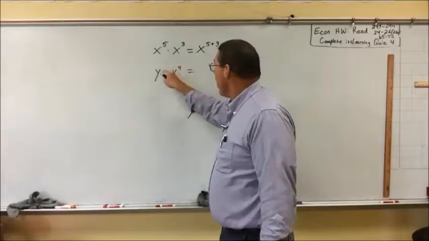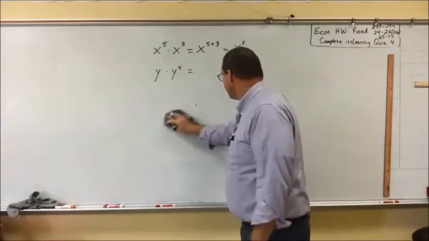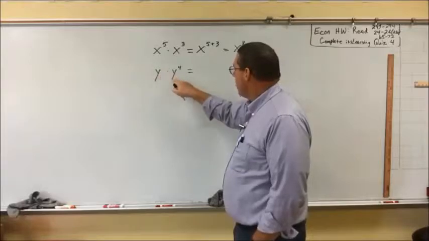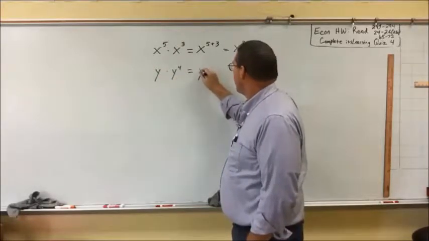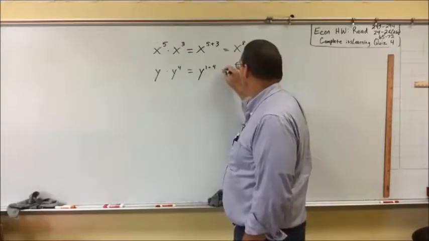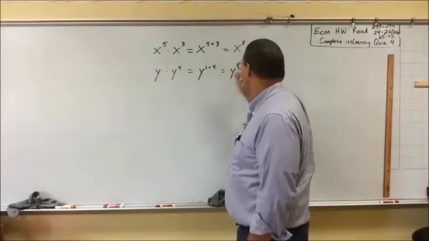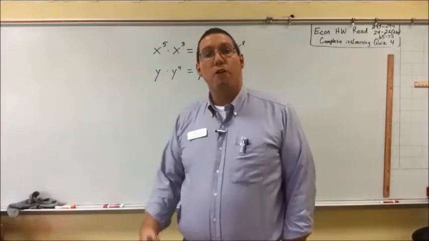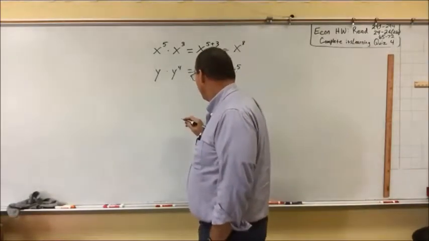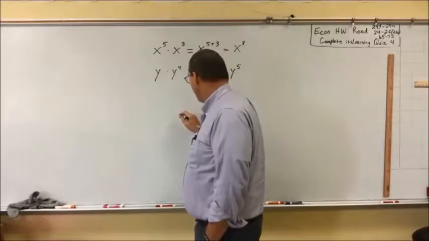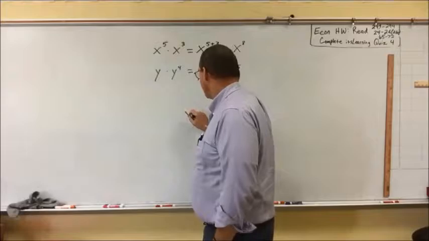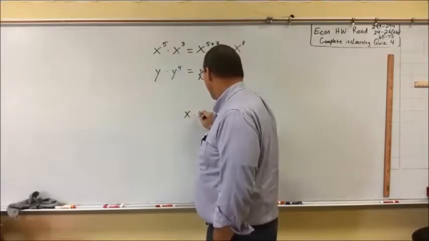So this y does have an exponent of 1. And therefore, if we were to multiply y times y to the 4th power, that would be the same thing as y to the power of 1 plus 4, which is y to the 5th power. Okay? Now, you've probably been doing this for a long time. When you had to multiply out binomials sometimes, you'll have to do an x times an x.